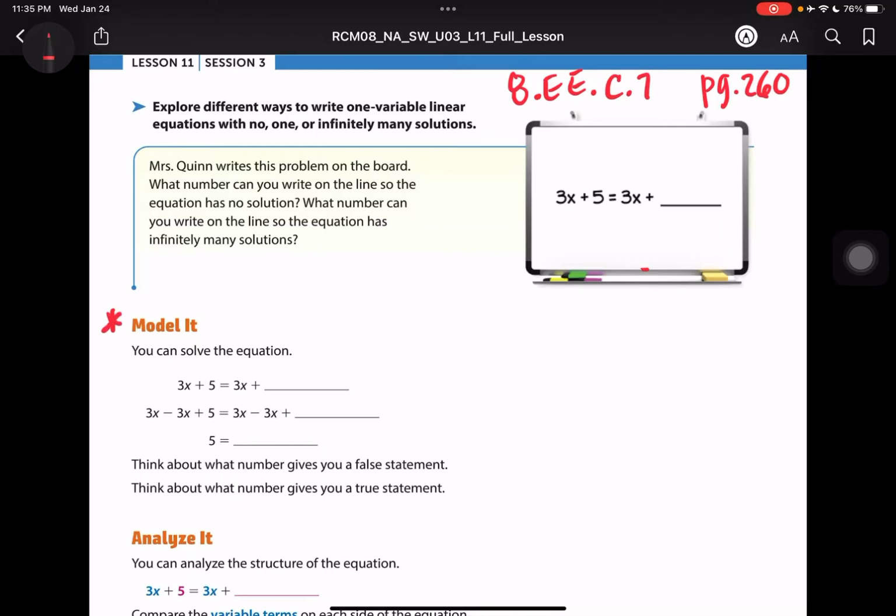Try it on your own, and you can use your notes. Pause the video, try to solve the equation, and then come back and let's talk about it. Go ahead and pause the video now.